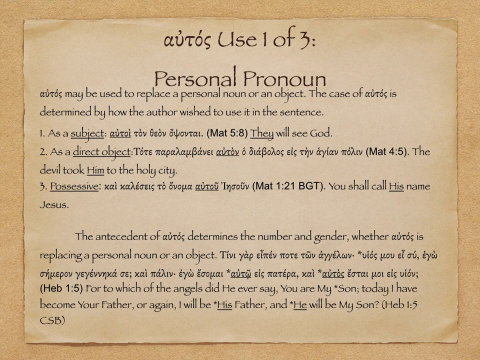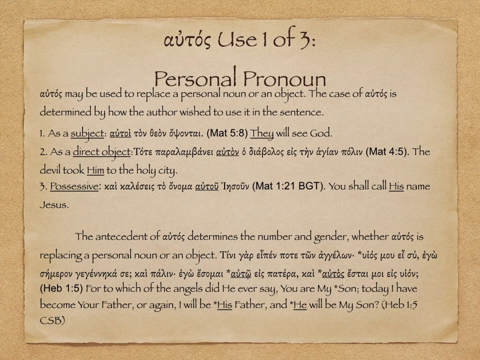I will be to him, eis patera, father. I will be his father, and he will be my son, kai autos estai moi eis huion. He will be, nominative here, son. Personal pronoun uses then: subject, direct object, possessive, and the antecedent of autos, in this case with Hebrews 1:5, huios, determines the number and gender.